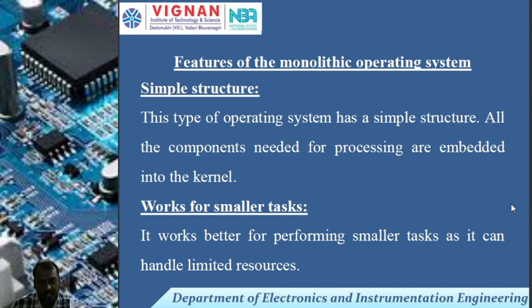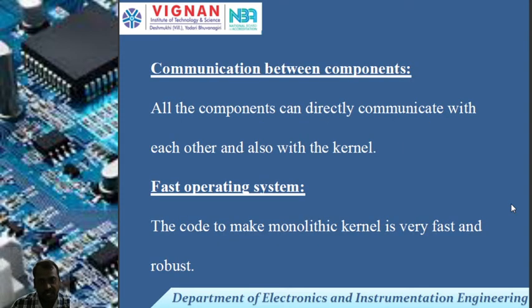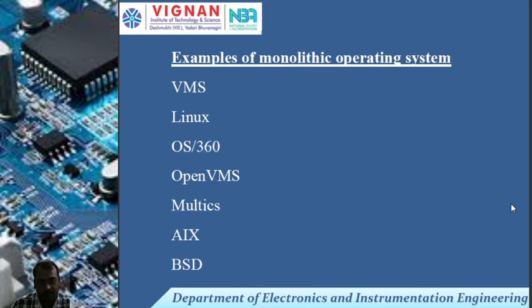It works for smaller tasks, meaning it has limited resources. The components communicate directly with each other. Next is that it is a fast operating system; the code of a monolithic kernel is very fast and robust. Examples of monolithic operating systems: VMS, Linux, OS/360, OpenVMS, AIX, BSD, Multics. These are all examples of monolithic operating systems.